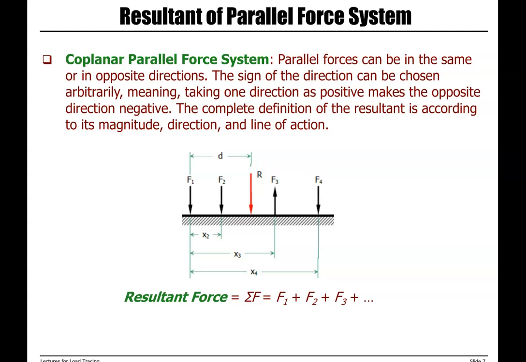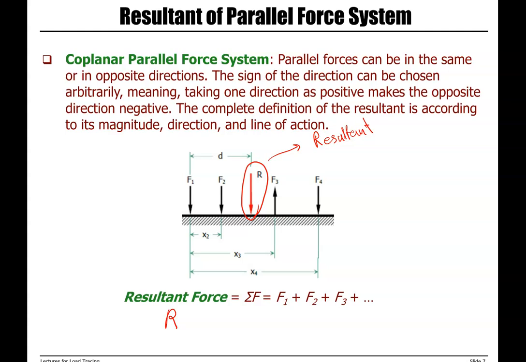They're all in the same plane, and they're parallel to each other. This is the resultant. We want to calculate the resultant. Resultant force, or R, is equal to the sum of all forces, so it's going to be F1 plus F2 plus F3 plus F4, and so on.